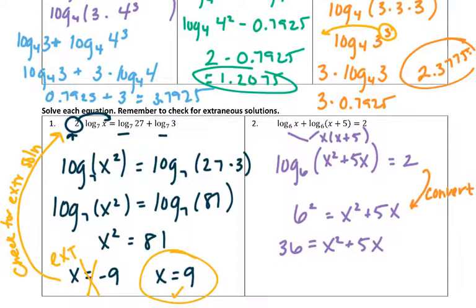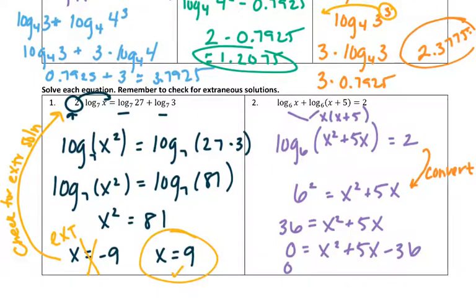This is a quadratic, so we have to solve it using either the quadratic formula or factoring, but it has to be set equal to 0 in order to solve quadratics. There we go. I'm going to factor, I think, if it works. Let's see. One's got to be plus, the other one's got to be minus.